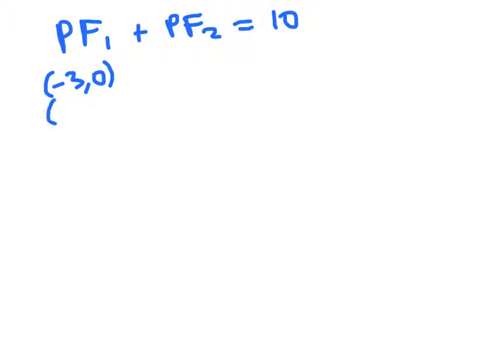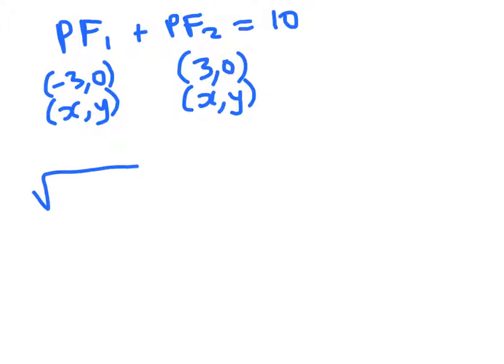So on the next slide, we're going to start working out what we can say about the path of that point P. Right, so we can write this: the distance from P to F1 plus the distance from P to F2 is equal to 10. Now, F1 was at -3, 0, and xy is my point P. F2 was at 3, 0, and my point is xy.